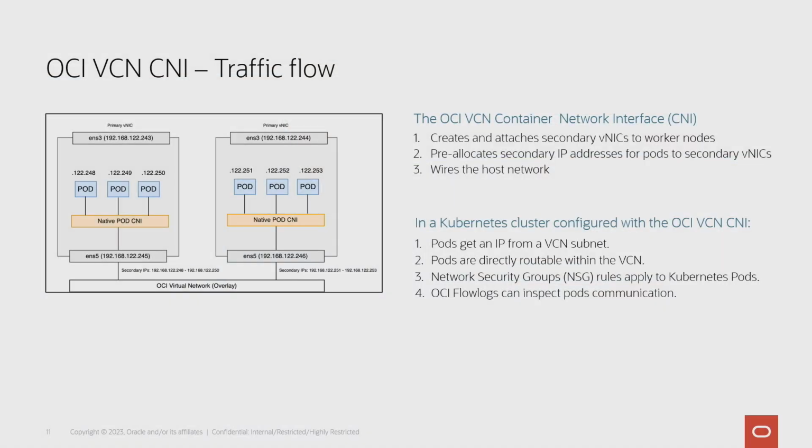Then the VCN would handle the routing, because it knows that .251 is part of the VCN, it is sitting on the second worker node, and it has a secondary IP address for that particular worker node. So the VCN would route the traffic to that specific worker node, and then eventually the native pod CNI knows how to redirect the traffic to the pod. This is how the traffic would move from one worker node to another using what we call the OCI VCN CNI.